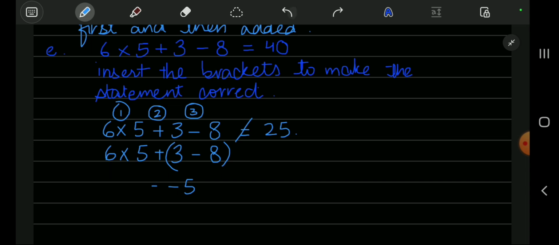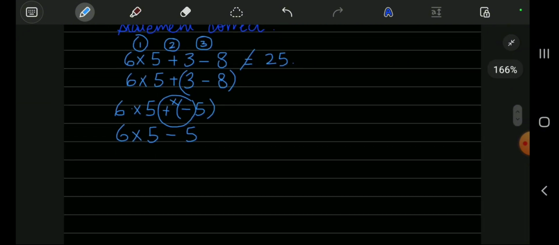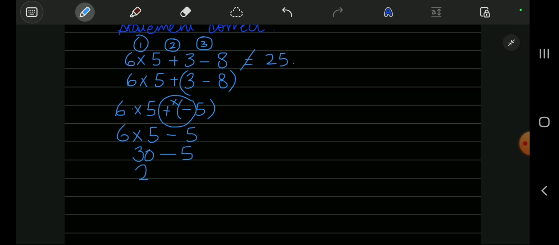See, plus minus, if there is a bracket, obviously they are multiplied over here. So plus minus is a minus, so minus 5. And then 6 times 5 is 30. First multiplication we are going to do, so 30 minus 5 would be 25.